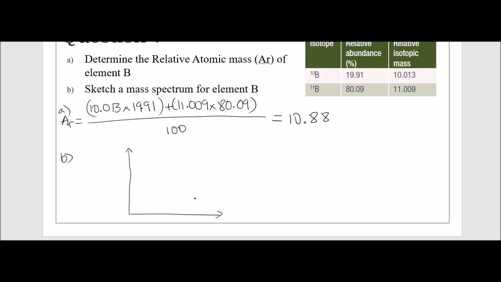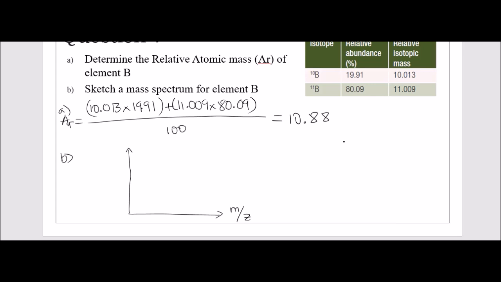So technically speaking, the correct way to label the mass spectrum, the horizontal axis is mass over charge, even though the previous question does have it as isotopic mass, which is a very simplified version of what it actually is.